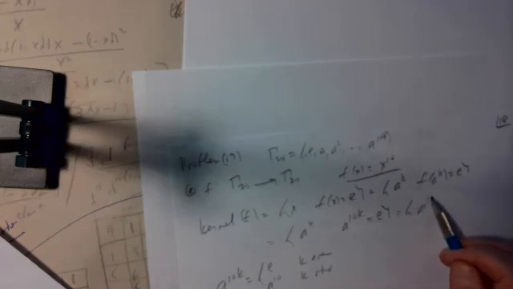So this is all a to the k where k is even. That means a to the 0, a squared, a to the 4th, a to the 6th, a to the 8th, a to the 10th, a to the 12th, a to the 14th, a to the 16th, a to the 18th.